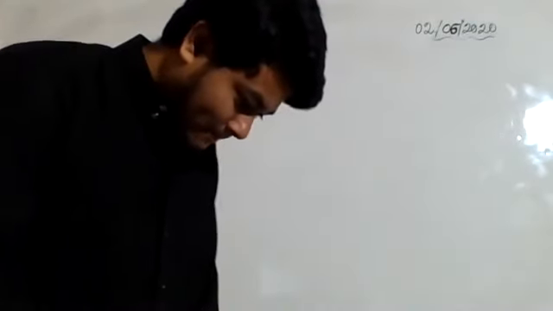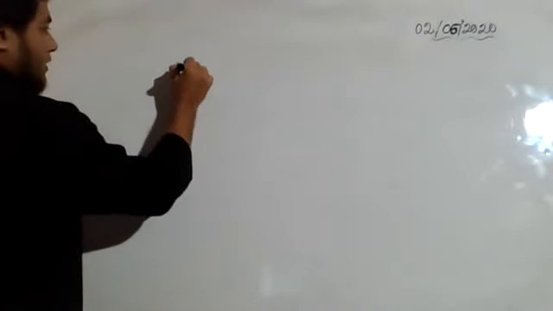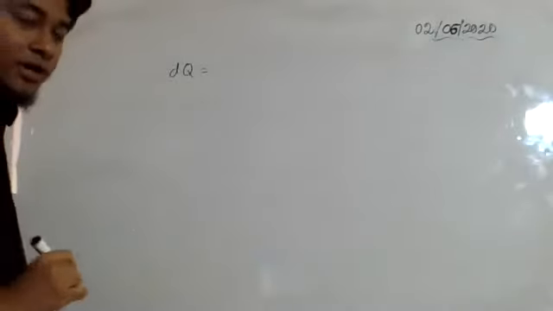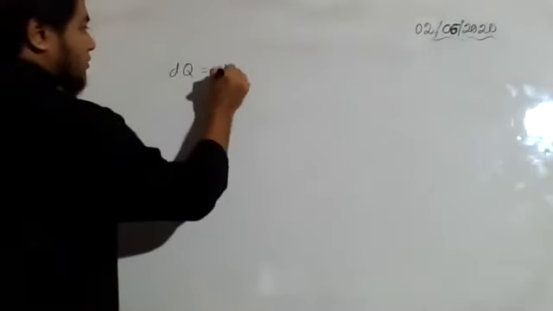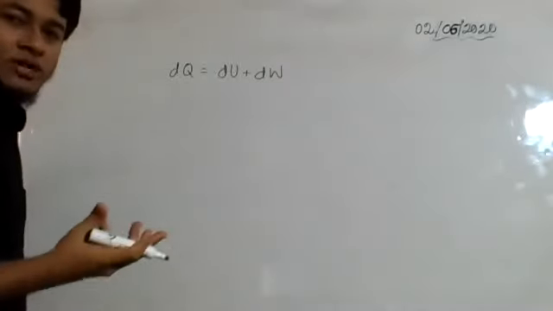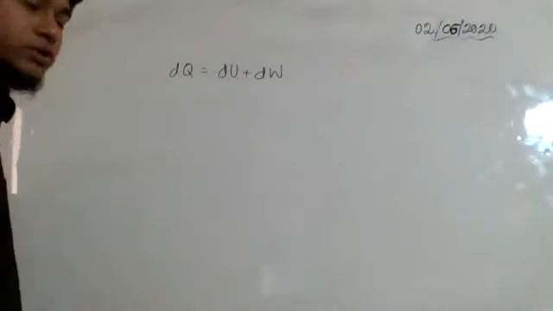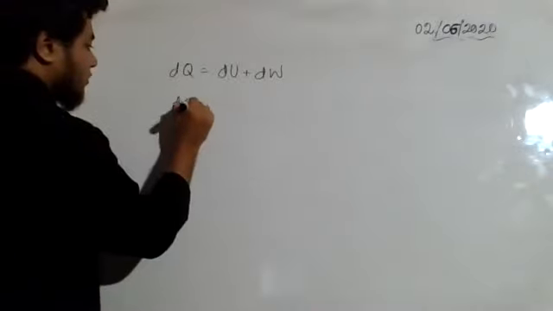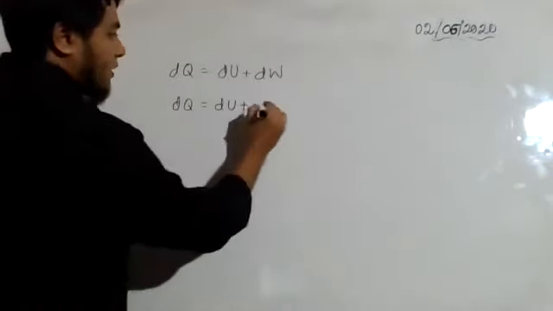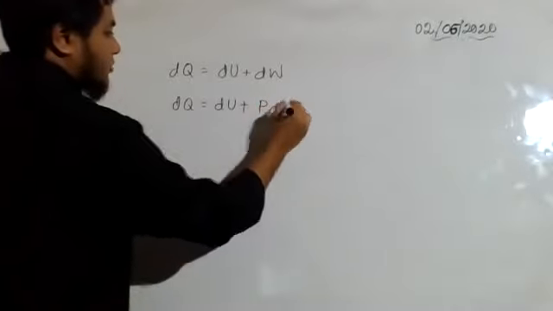Okay, now we know that the first law of thermodynamics is dQ is equal to dU plus dW. Now for isobaric process we will rewrite the equation. We have found an expression for dW, that is PdV.